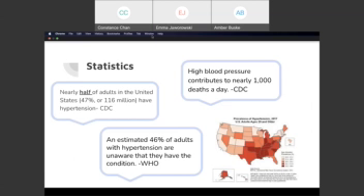As you can see here, we have some example statistics for hypertension, including the fact that high blood pressure contributes to nearly 1,000 deaths a day. Nearly half of adults in the United States, around 47%, or 116 million have hypertension, and an estimated 46% of adults with hypertension are in fact unaware that they have this condition.